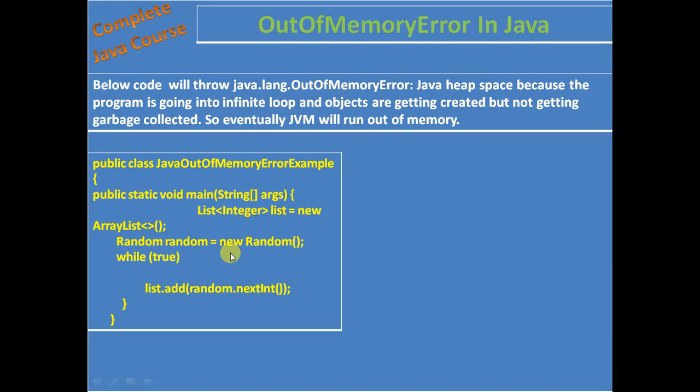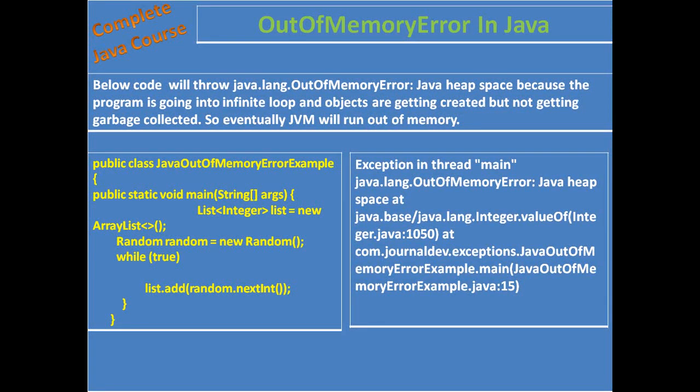When you create the list object, it is created in the heap memory, and you are adding elements to the list infinitely. So n number of elements will be added in the list, the heap memory will be full and the garbage collector will not collect the objects. That is why it throws the out of memory error, saying that there is no space available in the heap memory for storing the object.